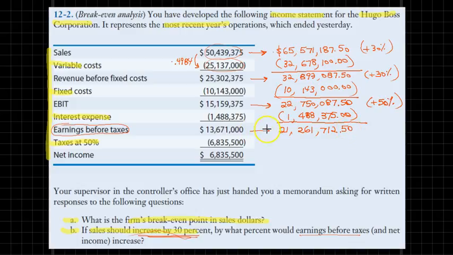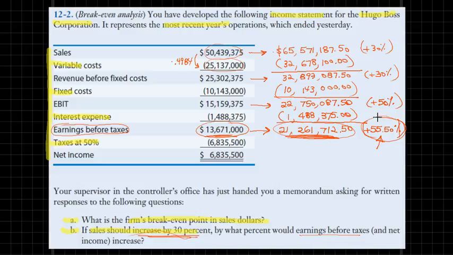Now the interesting question would be, what is this increase? So what is the increase from this to our new figure here? And it comes as 55.50%. To get this number, all you need to do is to divide this number, this 21 million, by this 13 million figure, and you will get to this number.